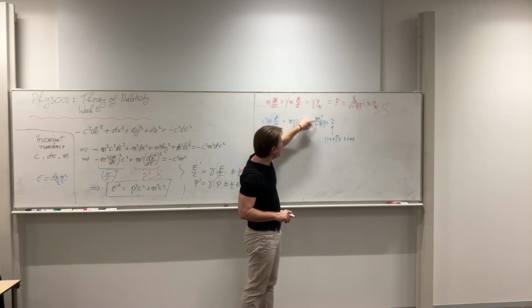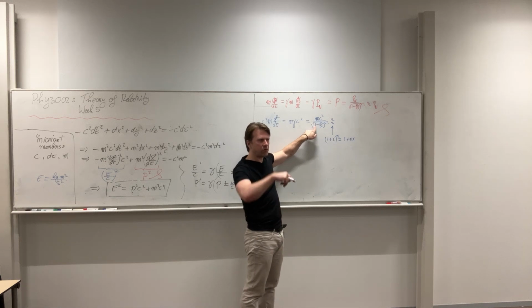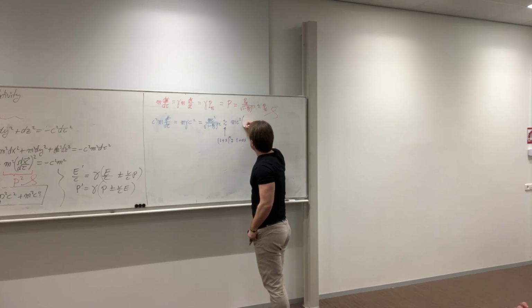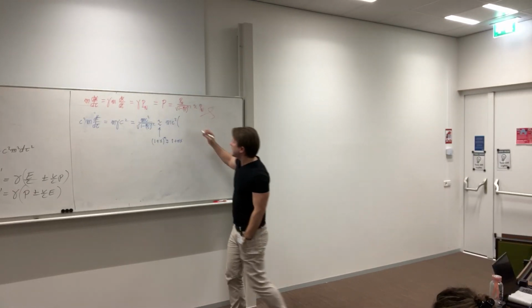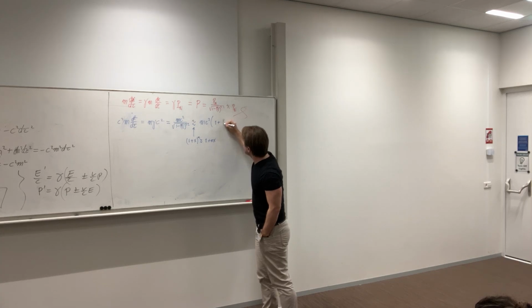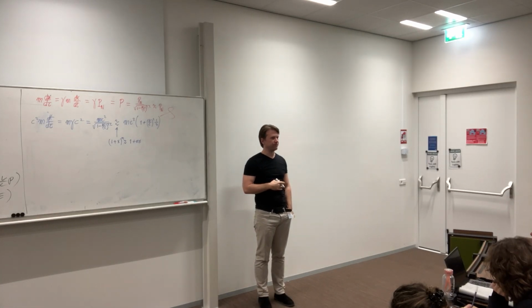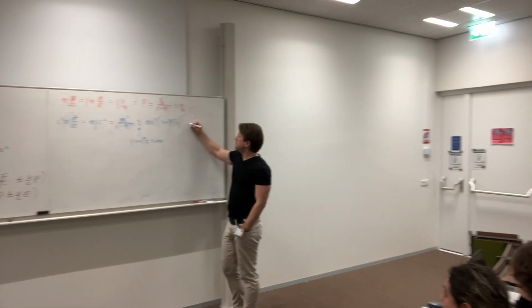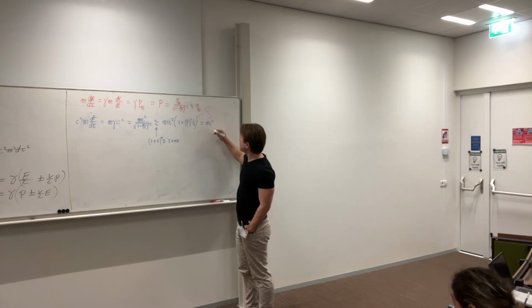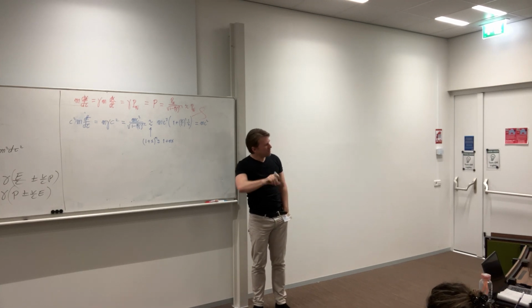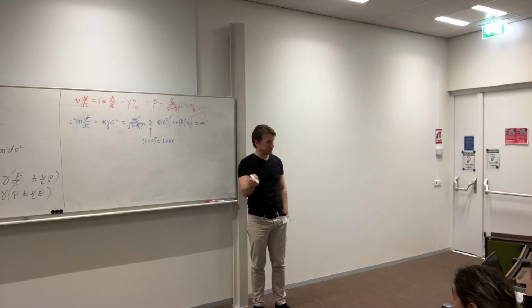And n is minus 1/2, right? It's 1 over square root. So that means what I will get is 1 plus v over c squared times 1/2, by good approximation. The smaller v, the better it works. If you multiply this out, you get mc squared. Fine, that's what we already knew. If you don't move at all, you have at least that amount of energy plus extra.